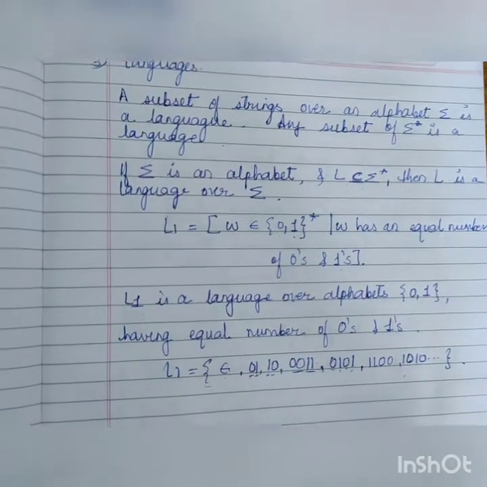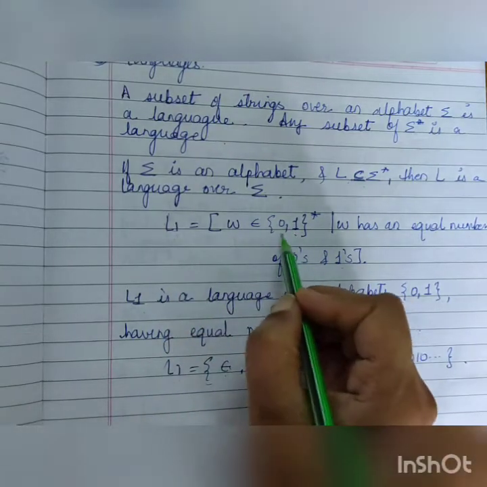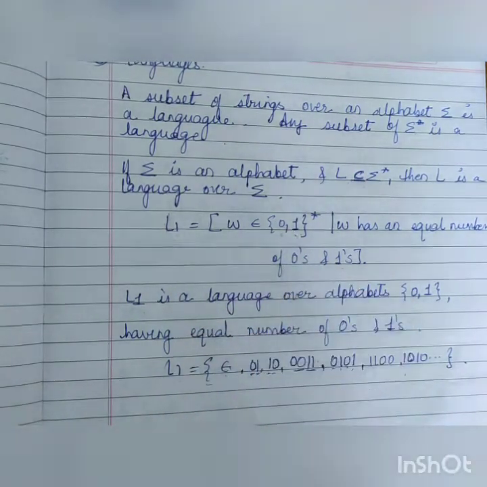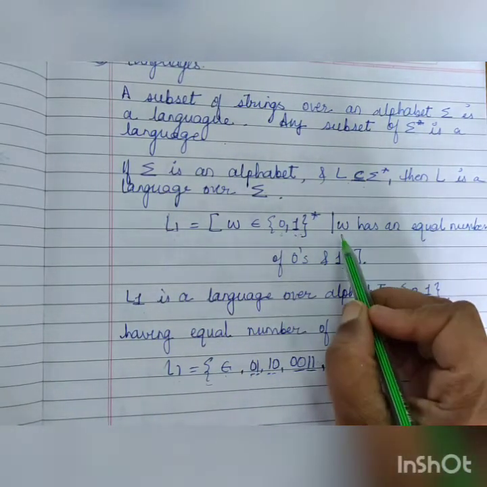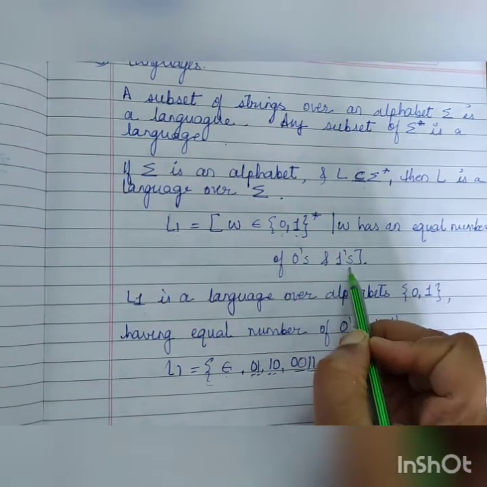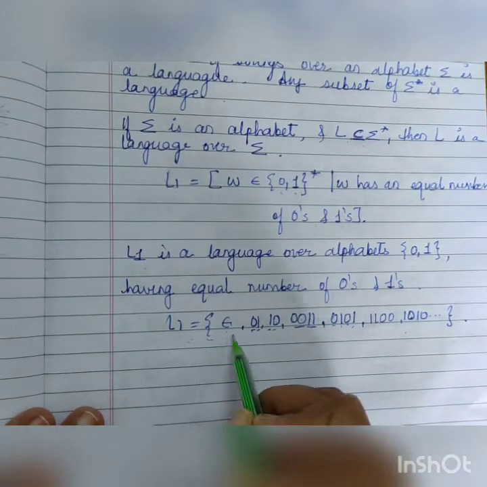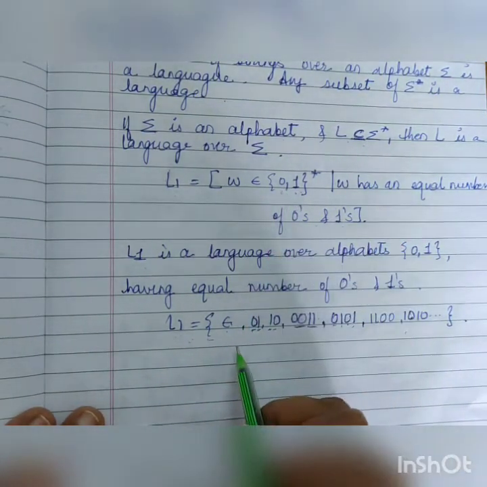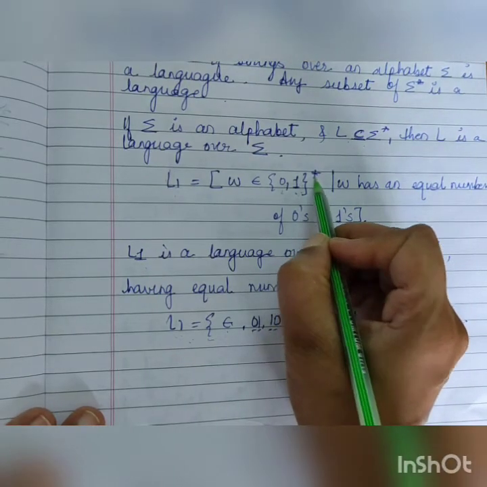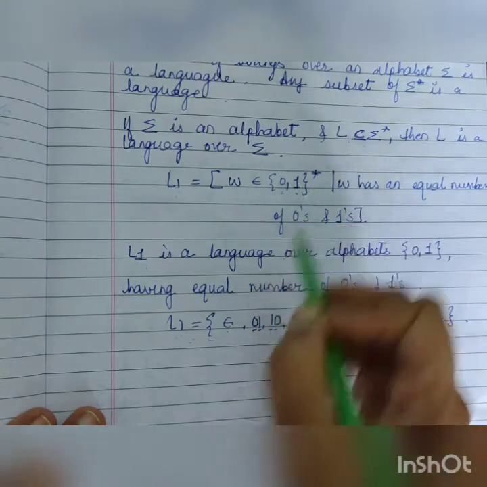Here, for example, let us see L1. It is a language over the alphabet set 0, 1, and it has all the strings having an equal number of zeros and ones. Here we can write the set as L1 with a star, that means we have 0 or more occurrences of 0 and 1.